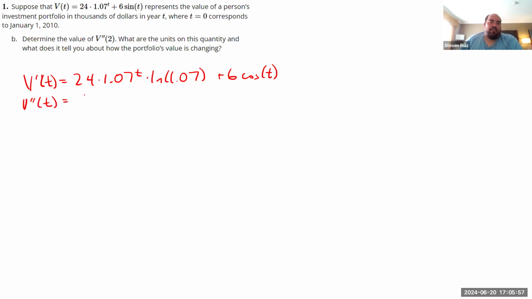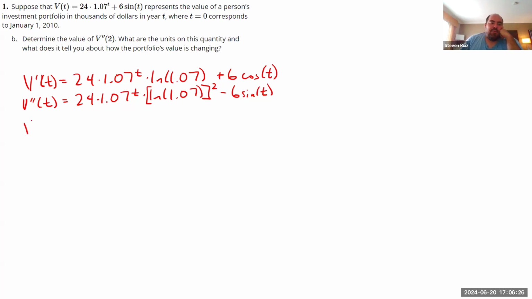So again, the exponential function rule is basically going to yield another factor of natural log of 1.07. So I'll capture this in brackets and square it. What is the derivative of cosine of t? That'll be negative sine t. So my second term will be minus 6 sine t.